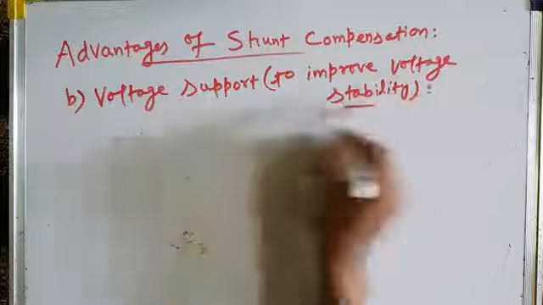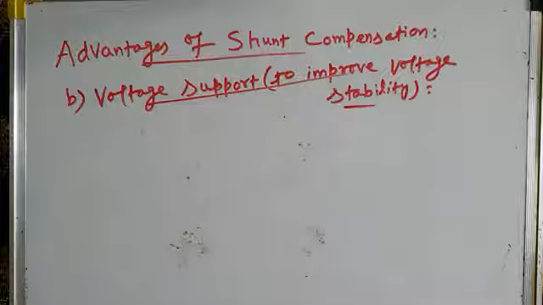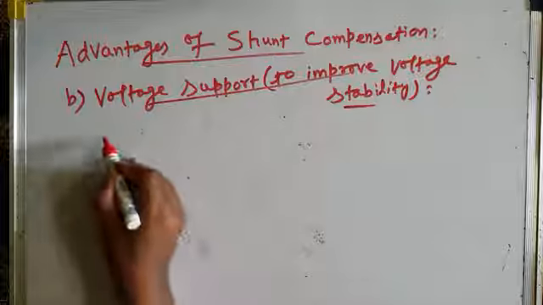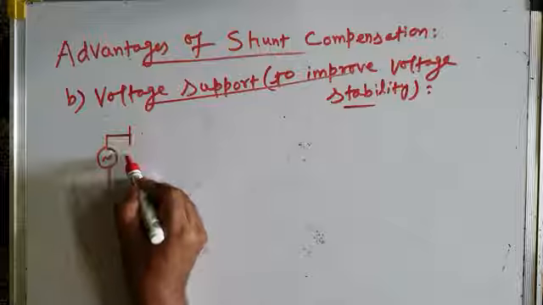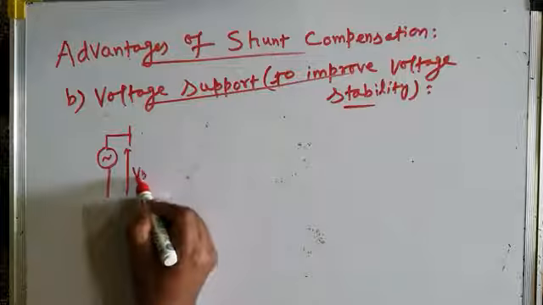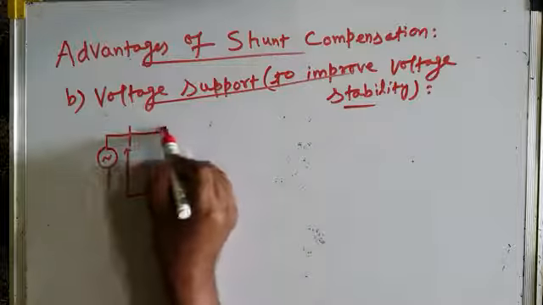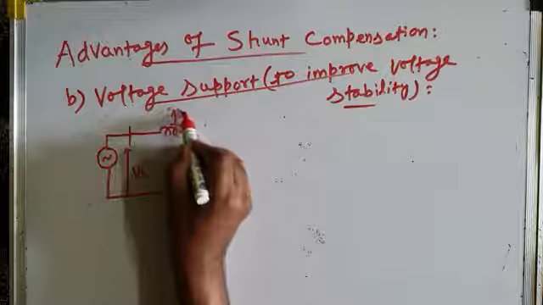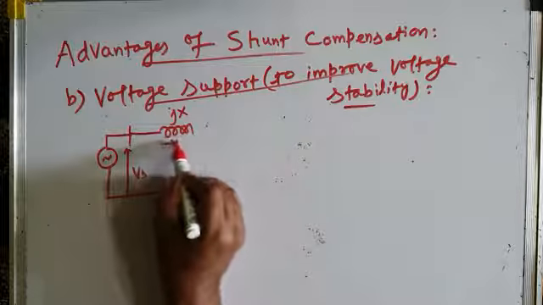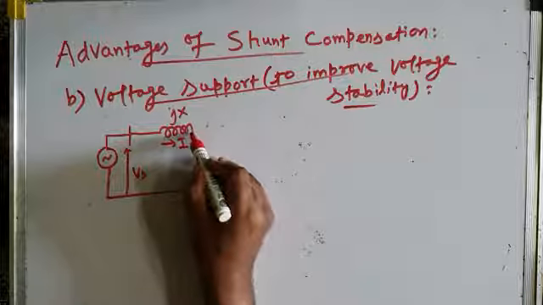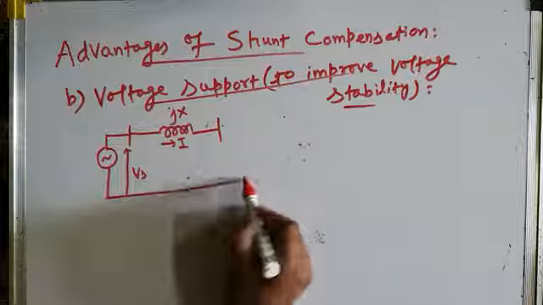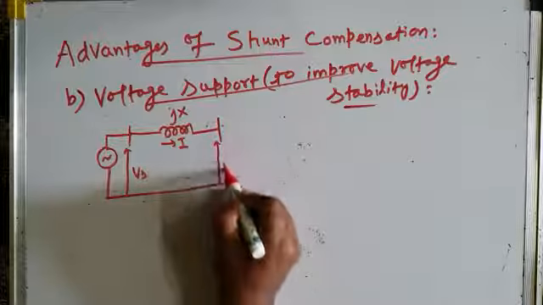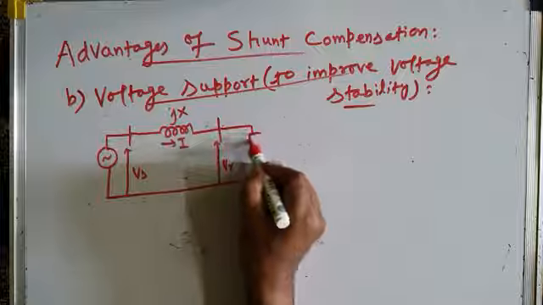We can understand this advantage of shunt compensation if we take a simple radial system, a radial feeder or radial transmission line. Suppose this is the generating station, and this is the sending end voltage Vs, and this is the transmission line with reactance jX, and the current flowing is I, and this is the receiving end with receiving end voltage Vr, and at this receiving end we are connecting a load.